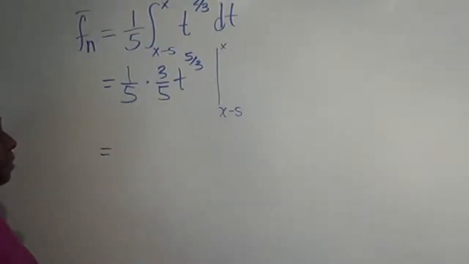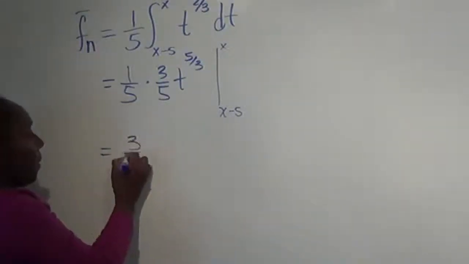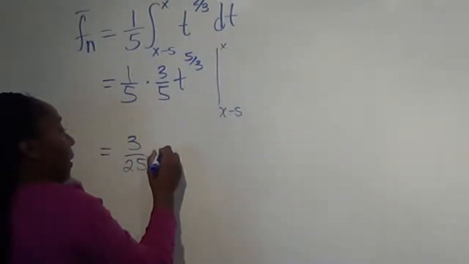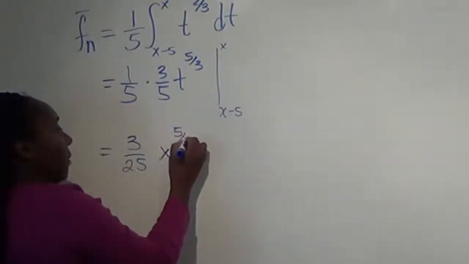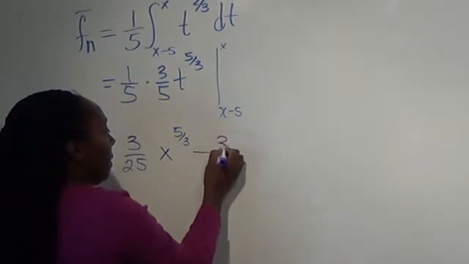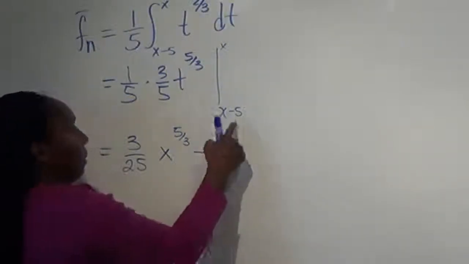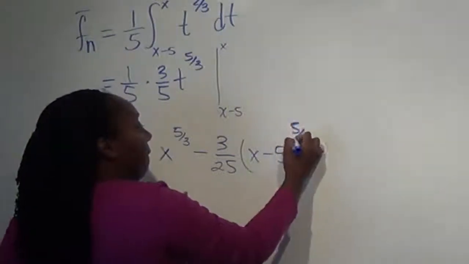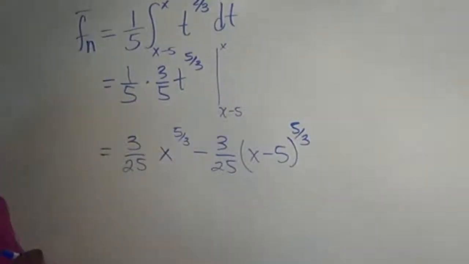Okay, so we can go ahead and combine. So we'll get 3/25. Plugging in at the upper limit is going to be x to the 5/3 minus at the lower limit, plugging in, so there would be our antiderivative. And again, notice this is a function.